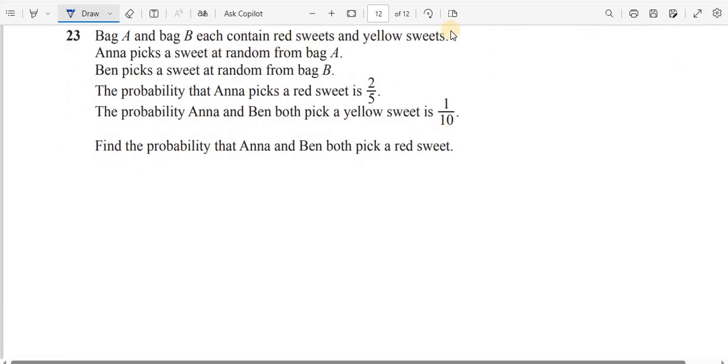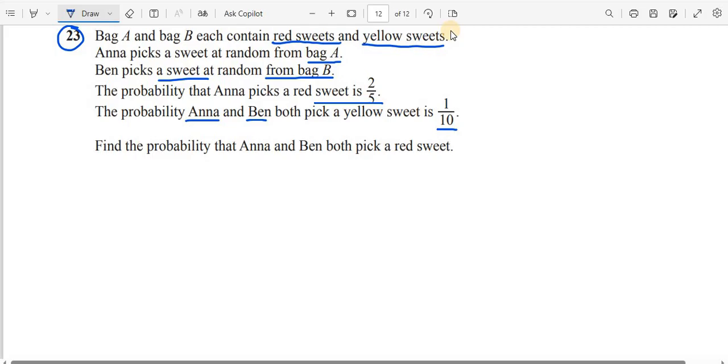Question number 23. Bag A and bag B each contain red sweets and yellow sweets. Anna picks a sweet at random from bag A, and Ben picks a sweet at random from bag B. The probability that Anna picks a red sweet is 2 by 5, and the probability that Anna and Ben both pick a yellow sweet is 1 by 10.